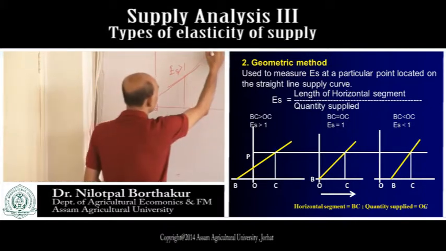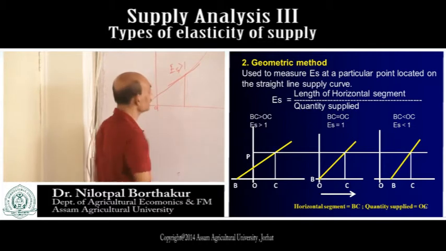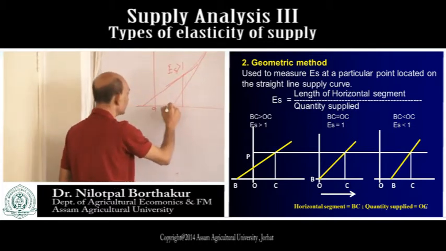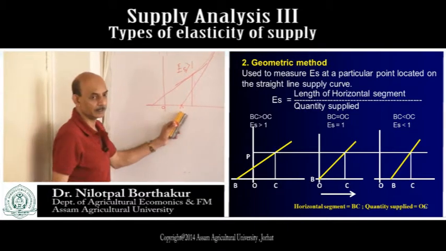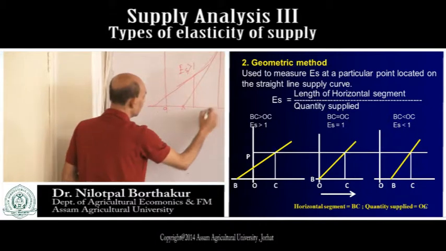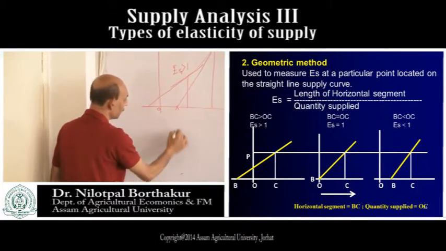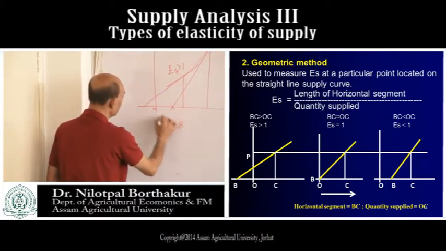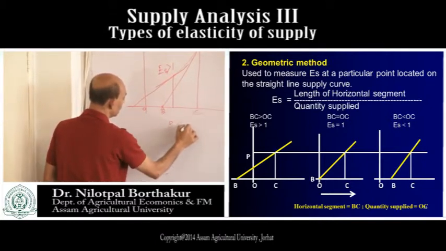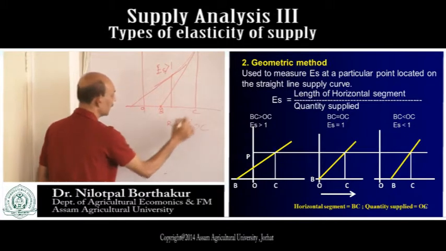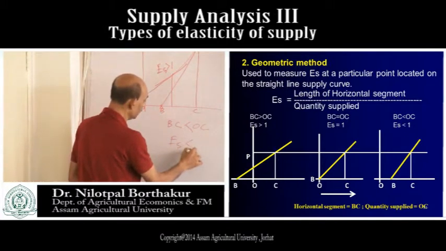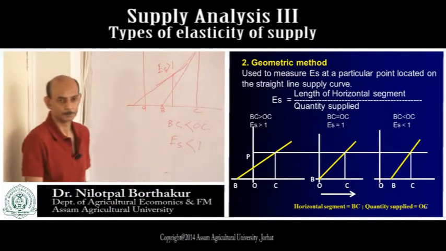At this other point, if we want to estimate the elasticity, this will be the tangent, and it intersects the x-axis to the right of the origin. And in this case the horizontal segment BC is less than OC, that is the quantity supplied, and elasticity will be less than 1.